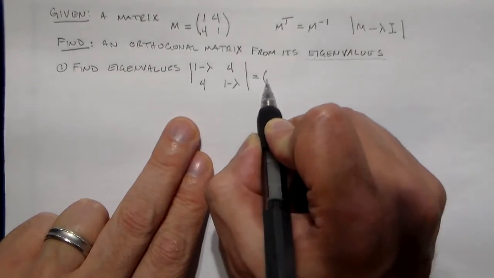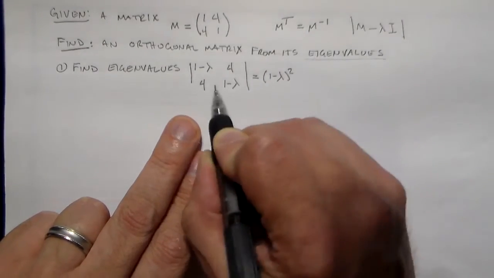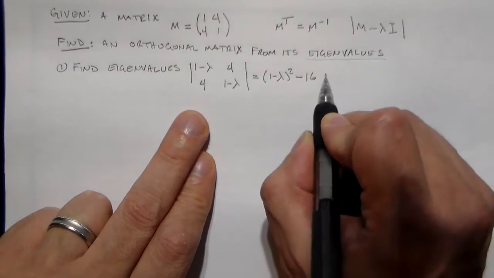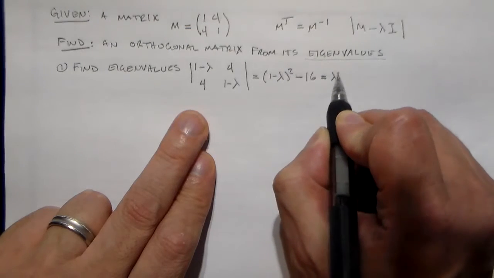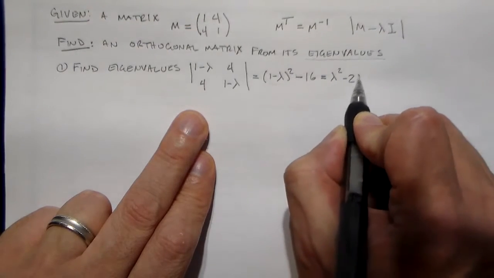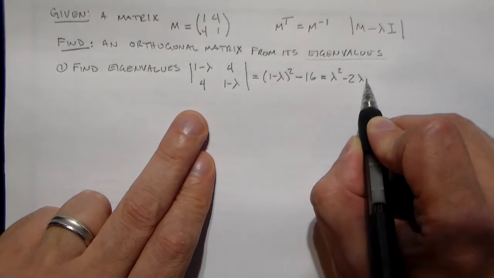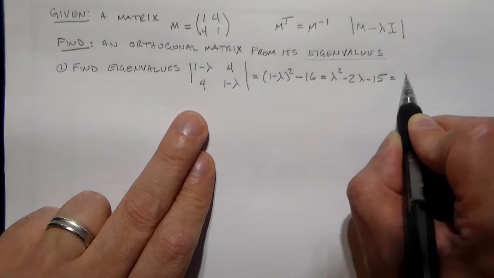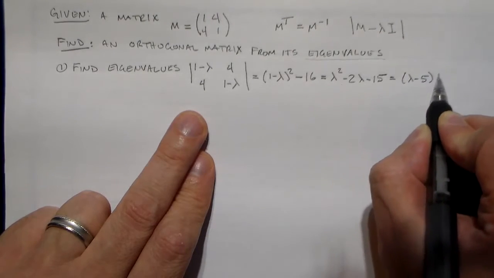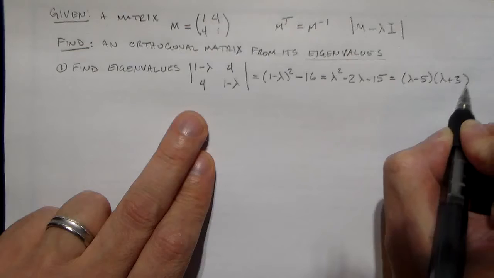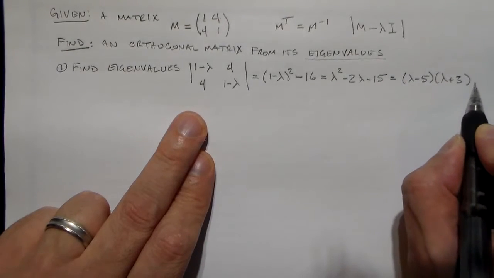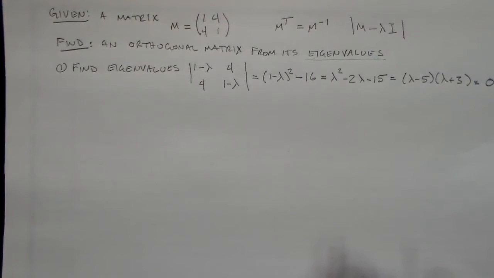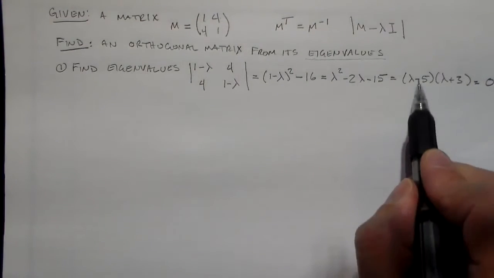We have 1 minus lambda squared minus 16. That's lambda squared minus 2 lambda minus 16 plus 1, which is minus 15, and that's equal to lambda minus 5 times lambda plus 3, they told me in junior high, and that's equal to 0.